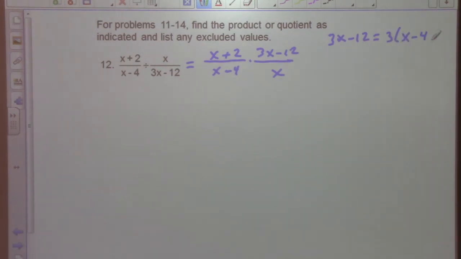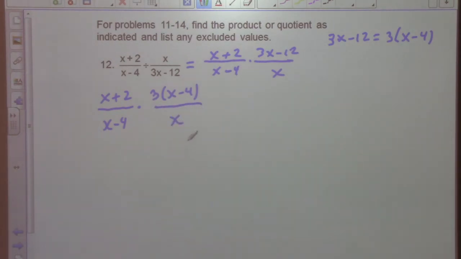Okay, what next? Rewrite. So we have here x plus 2 over x minus 4, and we've changed that to a multiplication, so we have 3, and that's x minus 4 here over x.